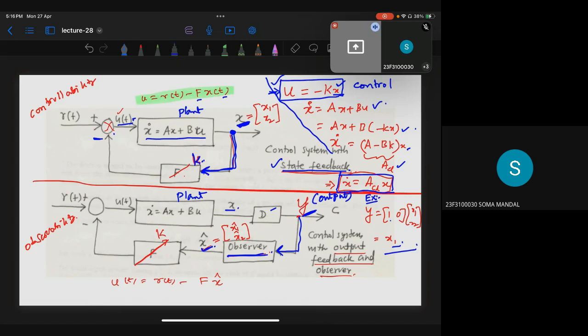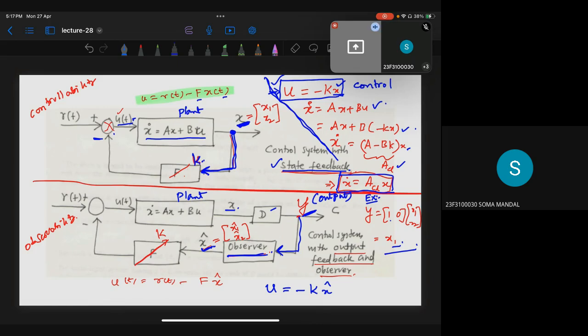Then once you have this x cap, we directly go like this: u is equal to minus k x cap, then do this analysis. Closed loop control.